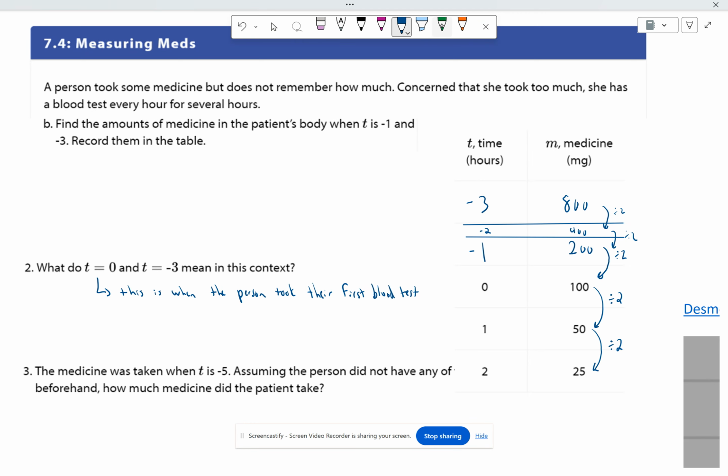And then t equals -3. This is 3 hours before the person took a blood test.